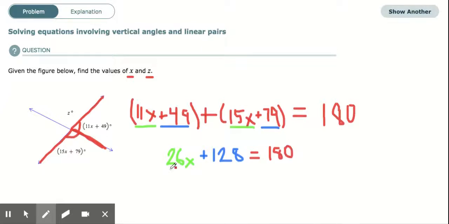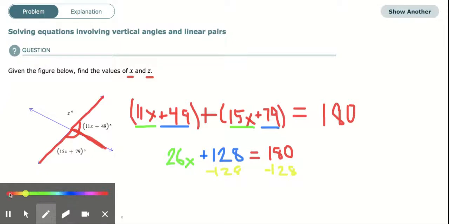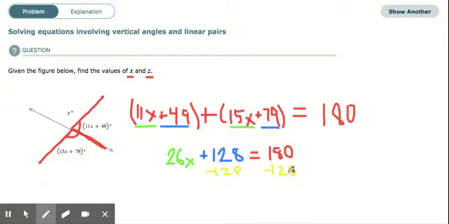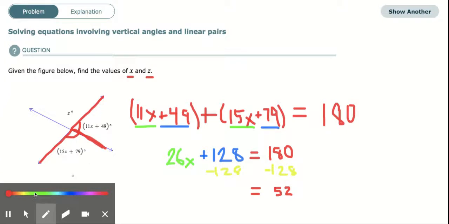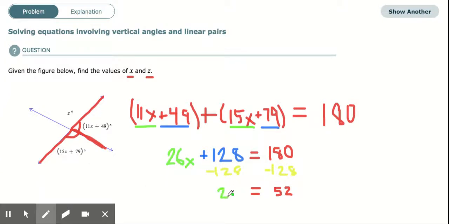All right, so let's go ahead and solve this two-step equation. In order to solve for x, we would subtract 128 from both sides. And I like to think of this as, what would I add back to 128 to get to 180? Well, I would have to add back 50, and that would get me to 178, but then I would still need 2 more. So 52 is what I'm left with. So these cancel out, and 26x equals 52.